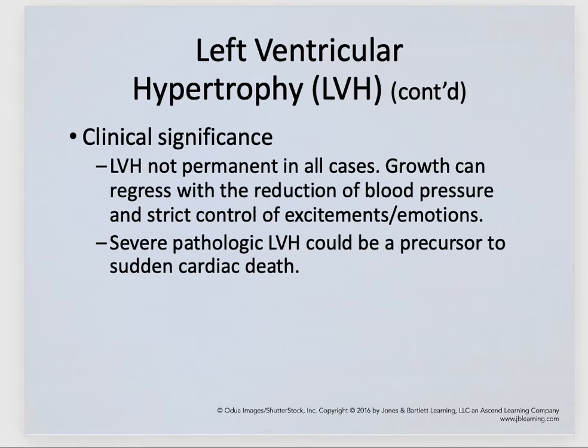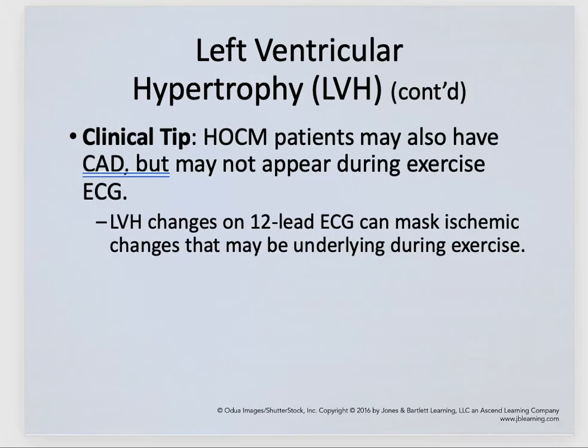So the clinical significance is that left ventricular hypertrophy is not permanent in all cases. Growth and regression can happen with blood pressure changes and strict control of emotions and excitement, and what's going on in the sympathetic nervous system. However, it is important to recognize that severe pathological left ventricular hypertrophy could be a precursor to full-blown sudden death.